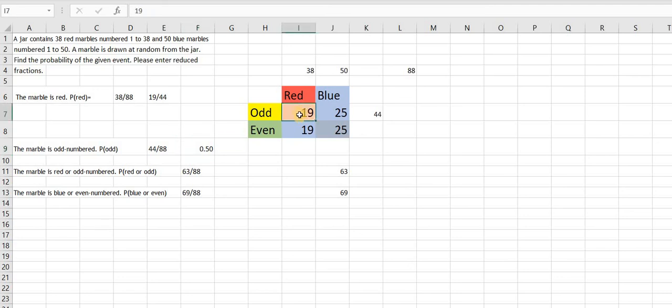Like this number is all of the marbles that are odd and red, and this number is all of the marbles that are even and blue. Those are where the two events are not mutually exclusive, and you need to pay attention to that so you don't double count.